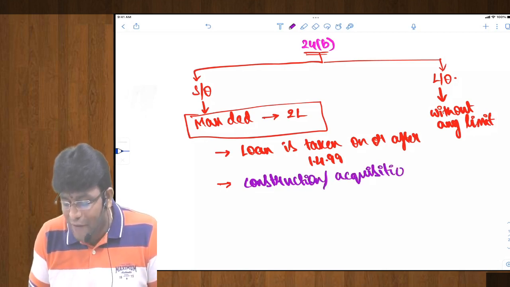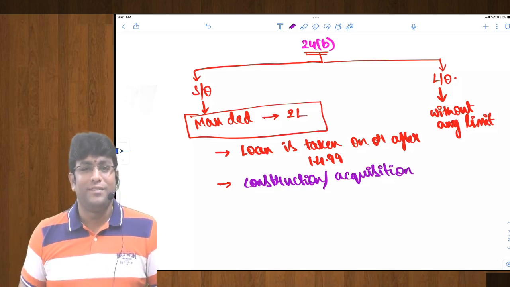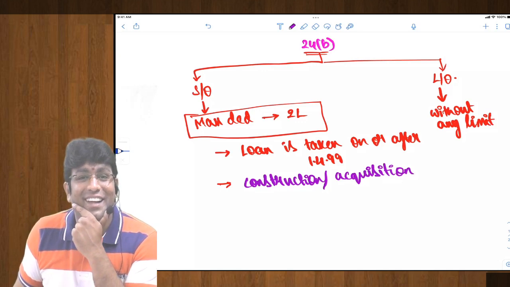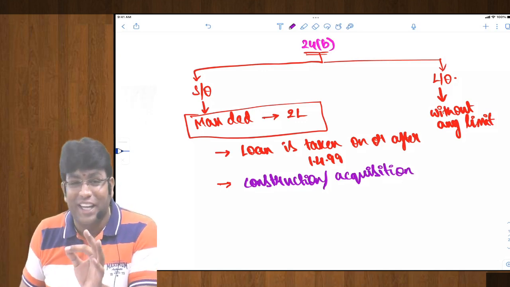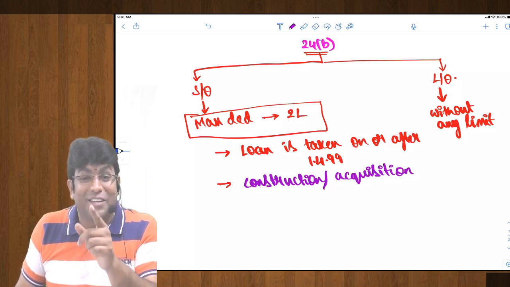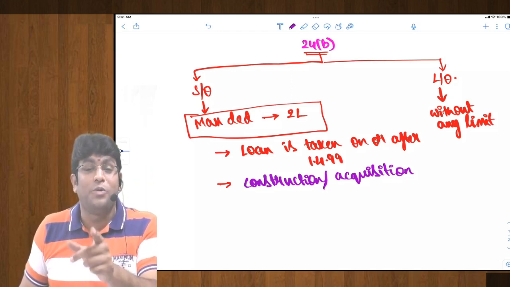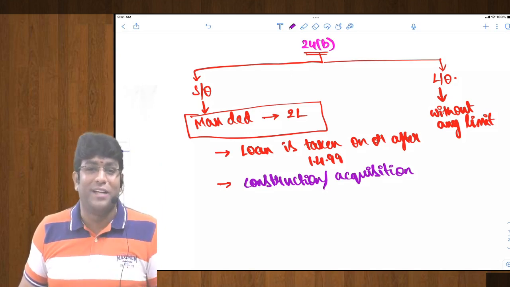If you tell, I have taken loan to repair my house, to paint my house, this 2 lakh limit will not apply. Then the student is asking, sir 2 lakh नहीं आएगा तो फिर क्या आएगा sir? Limit is only 30,000. So if you want 2 lakhs, that loan should have been taken for acquisition or construction. If it is for repairs, then the limit is only 30,000.